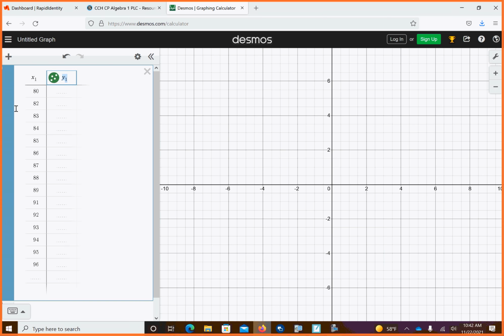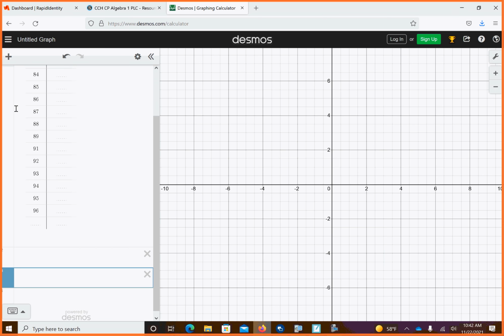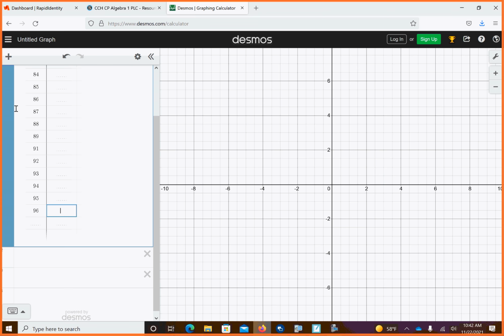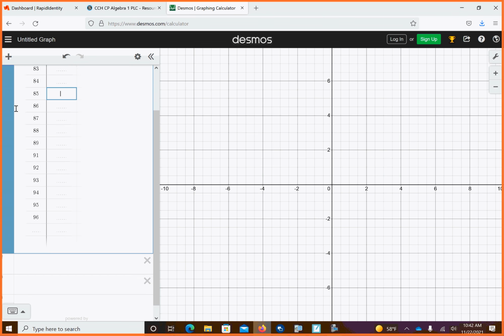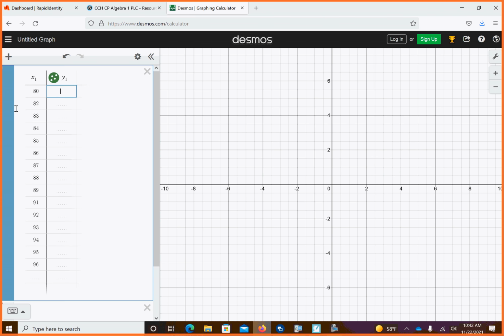And the nice thing is Desmos is pretty nice to work with on the computer because it's pretty user friendly as long as you realize the ideas that are coming with it. And don't panic if things aren't showing up on your graph yet.